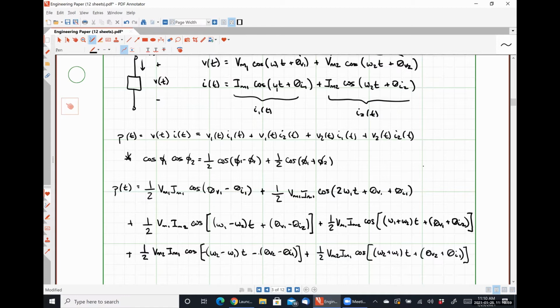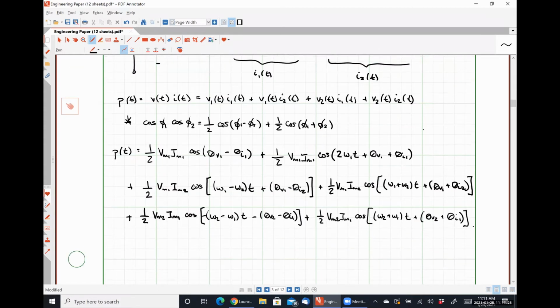That would actually give us omega 1 minus omega 2 times t plus theta I1 minus theta V2. So we see that it's actually oscillating at the exact same frequency. So we could add those two terms together as well. So now we've gone through 3 multiplication parts, but we're still only working at 4 different frequencies.